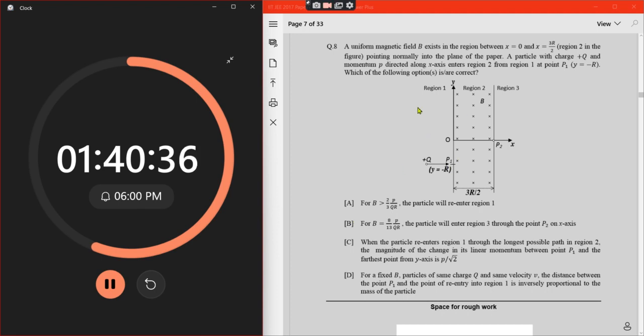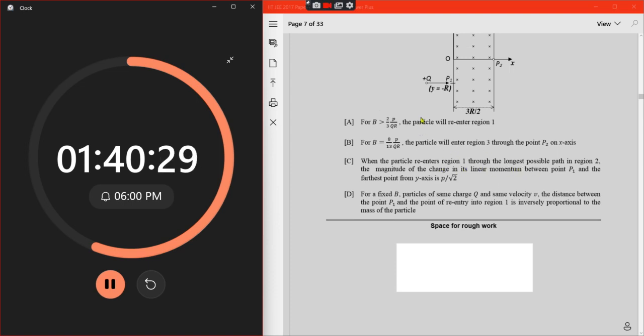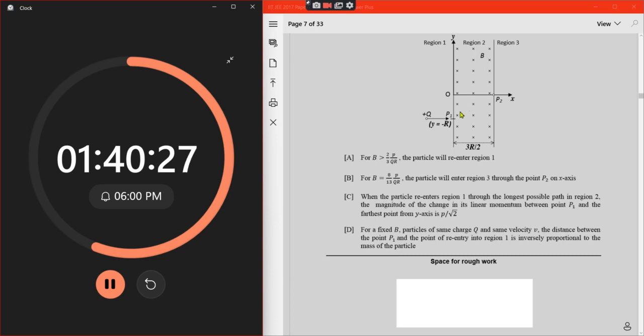Okay, when the particle re-enters region 1 through the longest possible path in region 2. In region 2 and longest possible path. Okay. Magnitude of the change in its linear momentum between point P1 and the farthest point from the y-axis is p upon square root of 2. What?